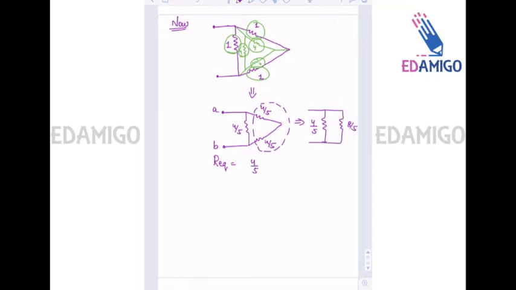So 4 by 5 parallel 8 by 5, that is 4 by 5 multiplied by 8 by 5 divided by 4 by 5 plus 8 by 5. If you calculate it, then it will be 8 into 4 divided by 12 into 5. That is 8 by 15 ohms.